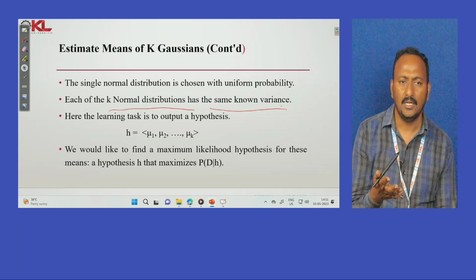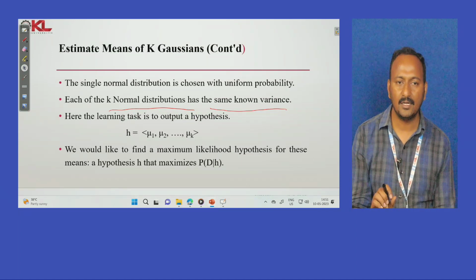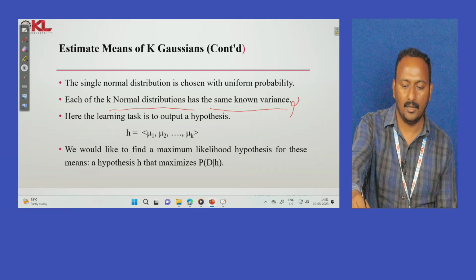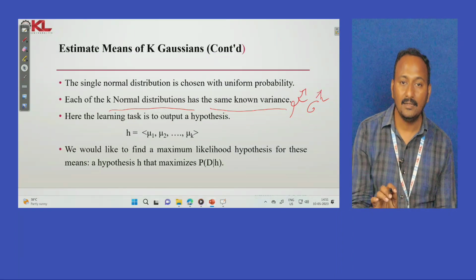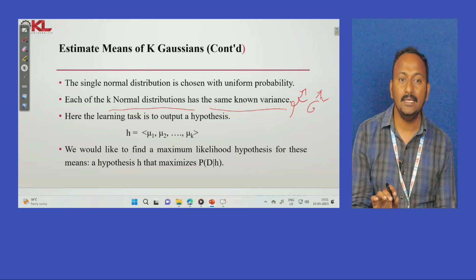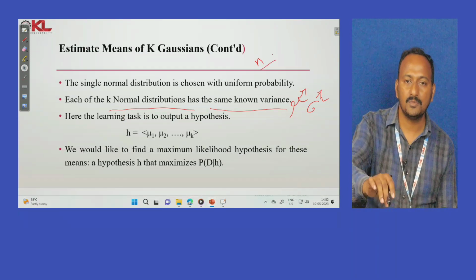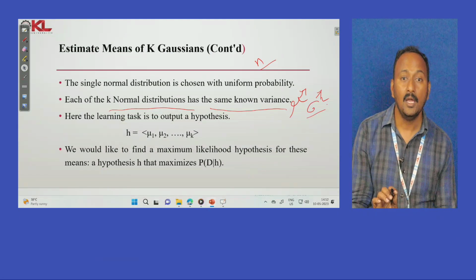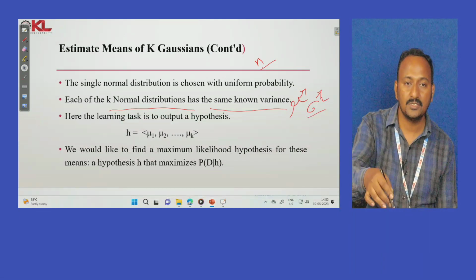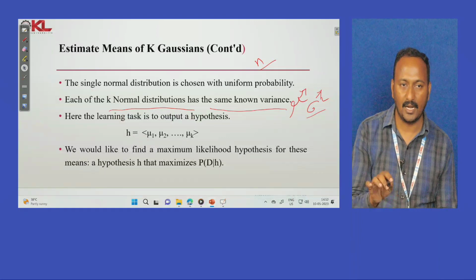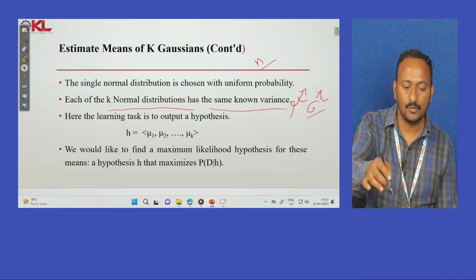We know that for our Gaussian distributions we require the mean value mu and variance sigma square. Here mu is an unknown value, but the variance is a known value, and this variance is equal for each and every distribution. If we have n normal or Gaussian distributions, then all n distributions have the same variance, but the means of those distributions need to be identified. Our aim is identifying the means of those distributions.